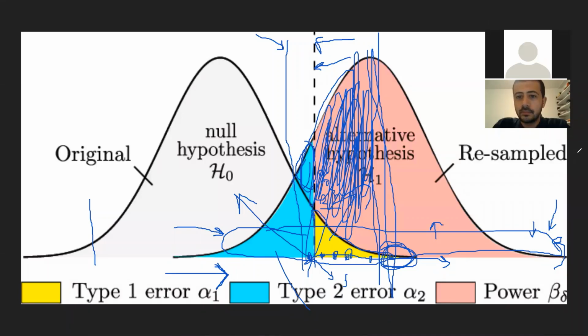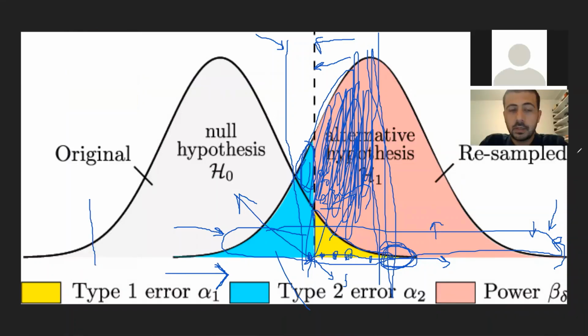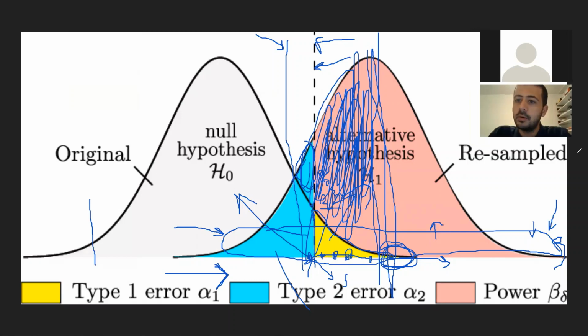I want to ask, can we use the concept of null hypothesis and alternative hypothesis interchangeably? But how? Or why should I do it? For example, null hypothesis, there is no difference, and alternative hypothesis, there are differences.